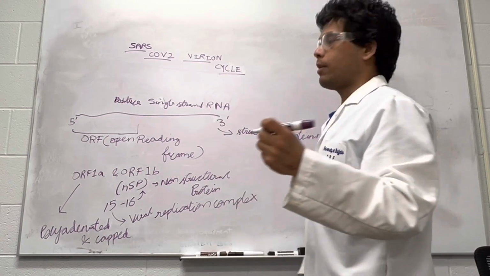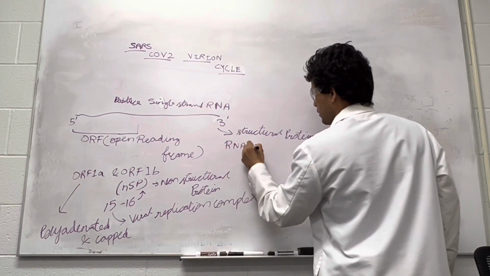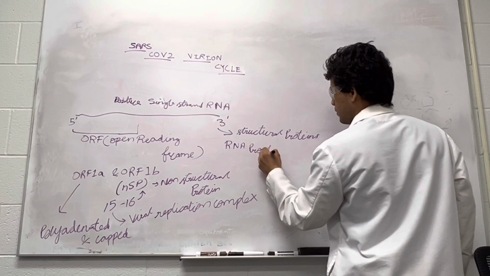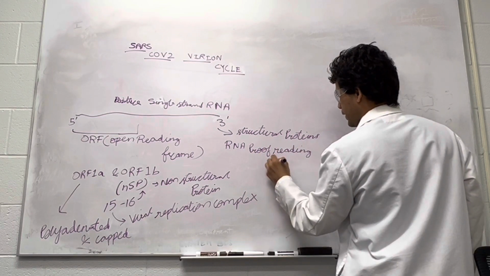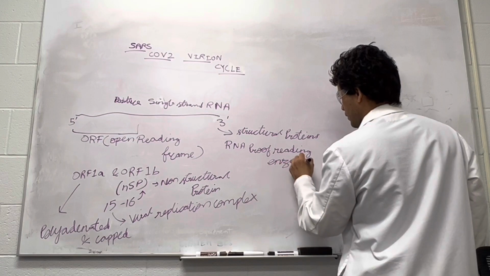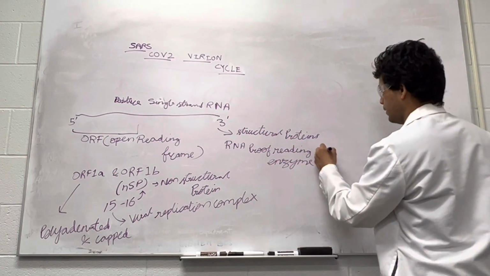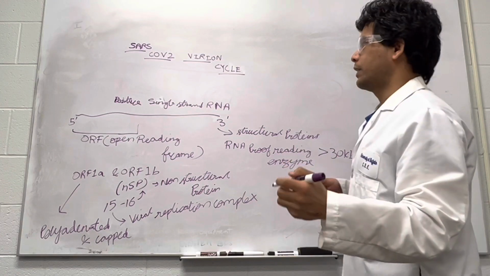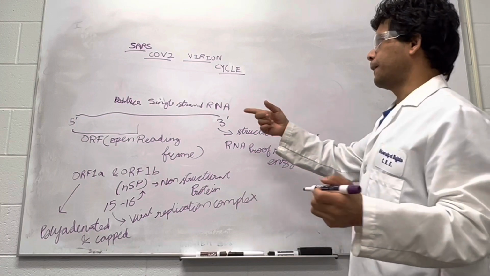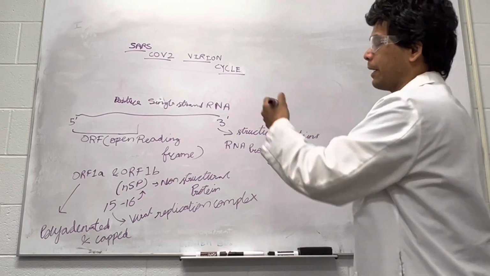At the same time, it also has an RNA proofreading enzyme. As this coronavirus RNA is greater than 30 kilobases, there is more possibility that during translation some mutation might occur that might kill the RNA.